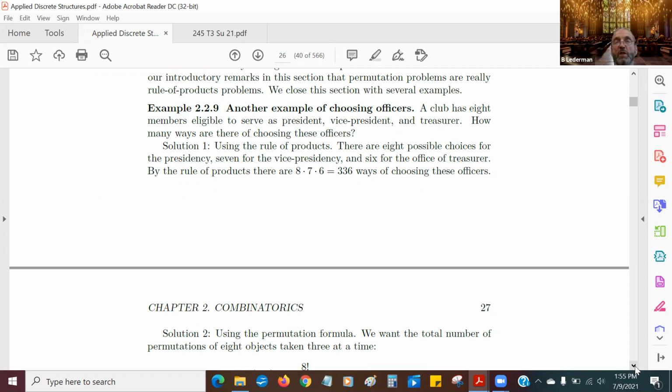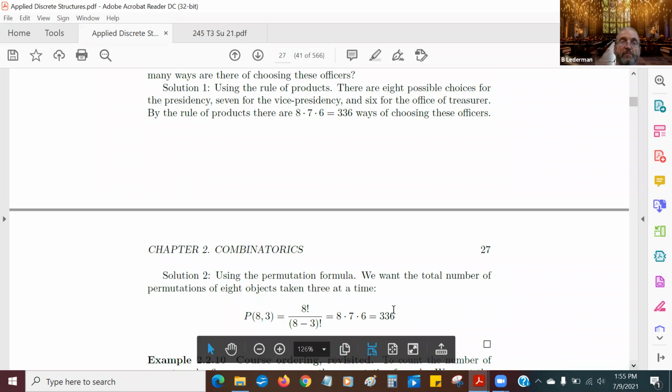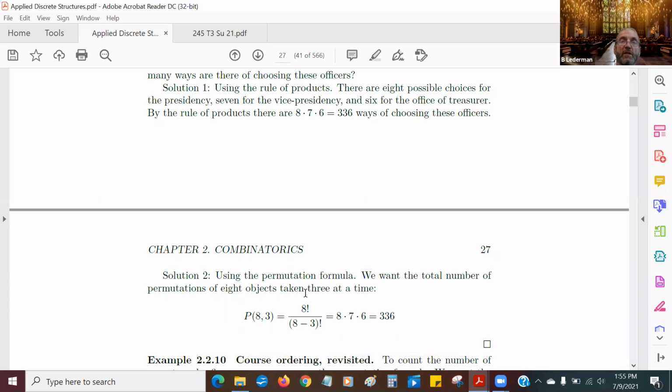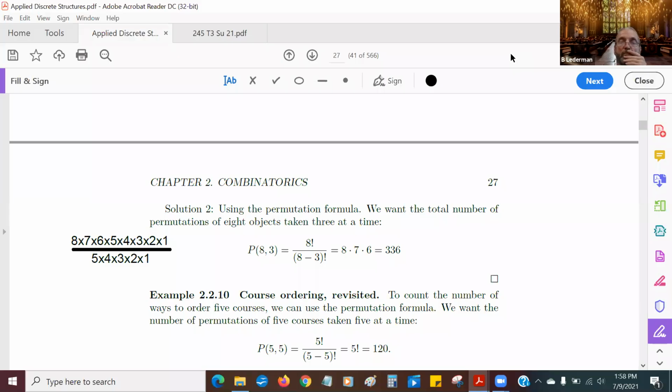And that's just with logic. Now, for the second solution, we could just plug into the formula. P of 8, 3 is 8 factorial over 8 minus 3 factorial. Let me type it out so you can see it better.